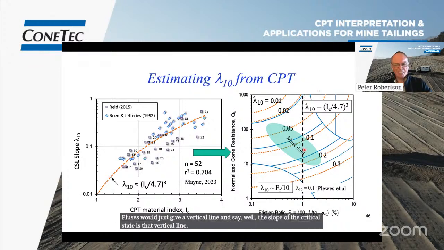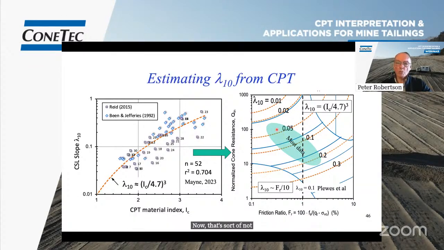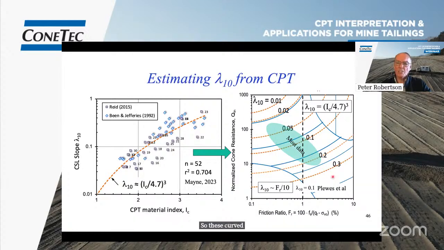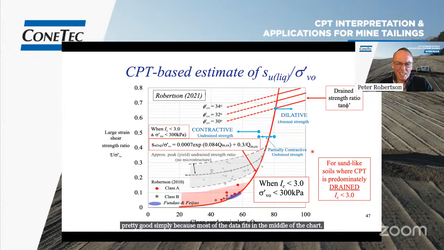Now, that's not very logical, but fortunately, most of the data plots in the middle of the chart. So these curved relationships, which are linked to Ic, are a better fit, but it happens that where most of the data is, Plewes's method actually works pretty good, simply because most of the data fits in the middle of the chart.